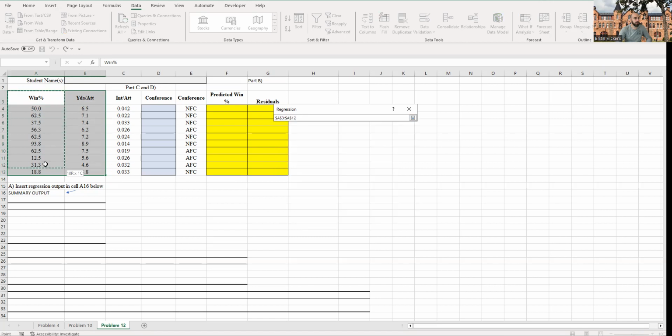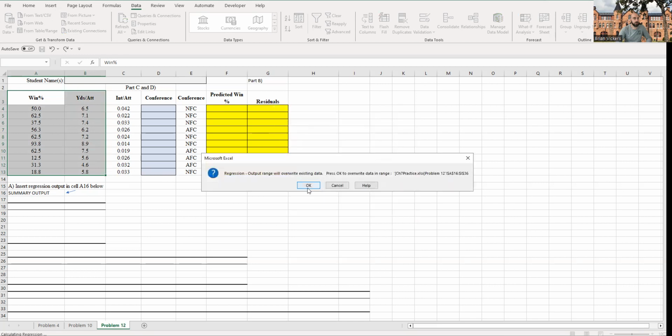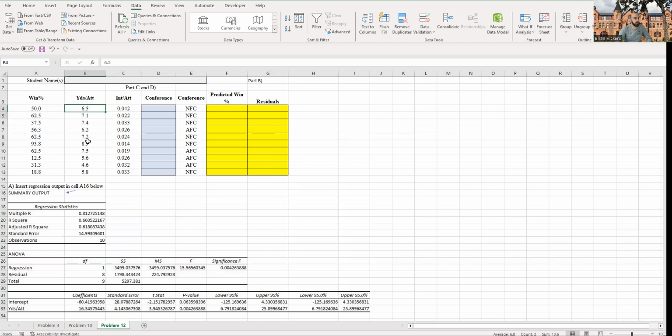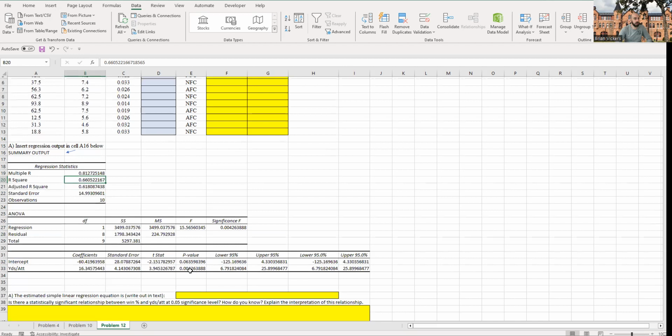The Y range is right here. The X range is right here. And here we go. It's telling us that based on yards per attempt, there's a decent relationship here. R squared value 66%. That's pretty good.